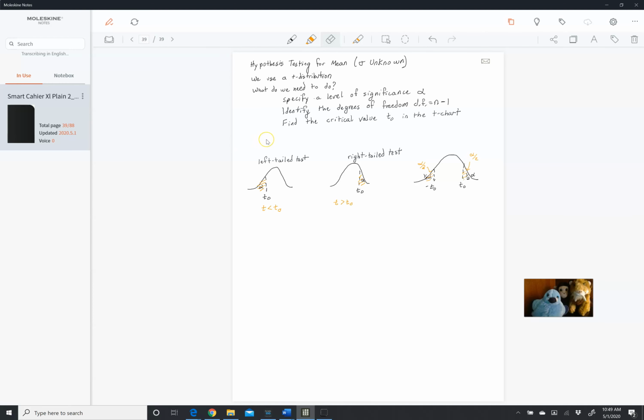Okay, and our rejection region here is either our t is going to be less than negative t sub 0, or our t is going to be greater than positive t sub 0. Those are our two rejection regions, and that's our two-tail test.